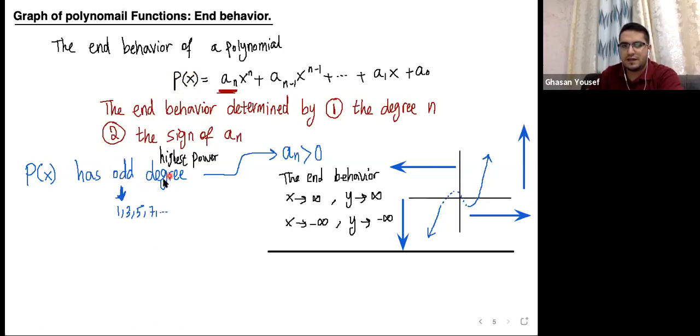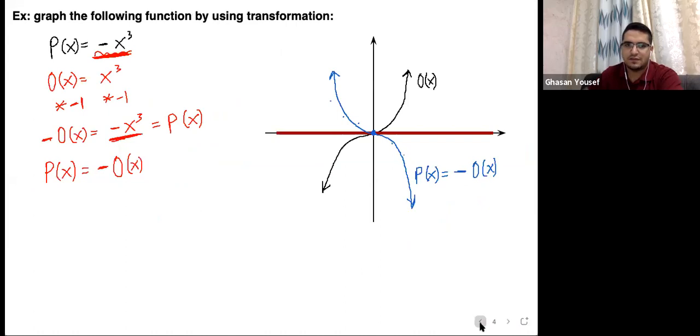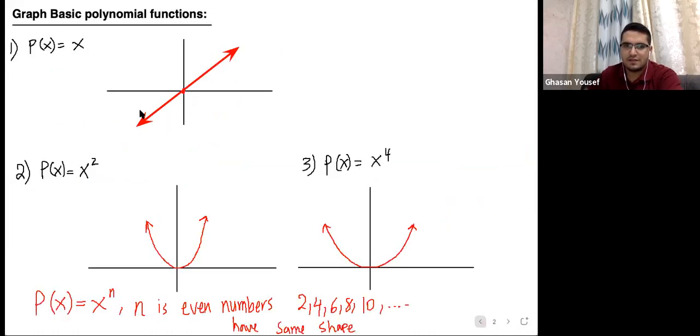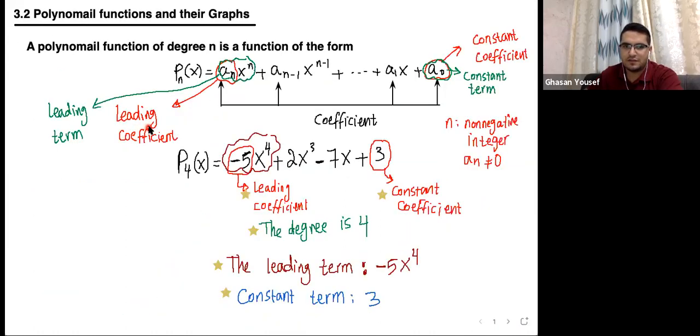The degree, the highest power in this polynomial, is an odd number, and the leading coefficient is this. It's the coefficient of the variable raised to the highest power.